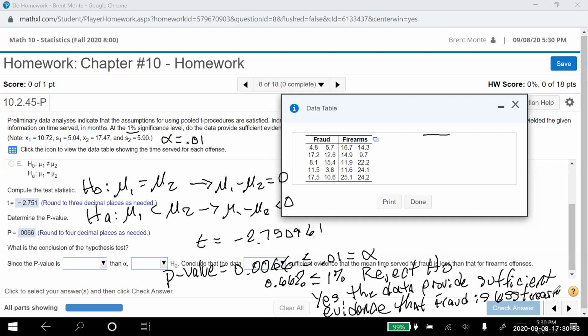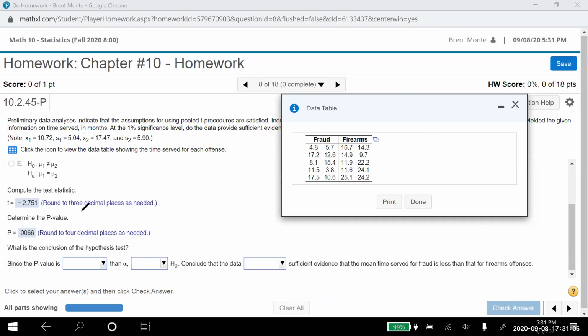And if I had more room, I'd write that a little bit cleaner, a little more fully, but they're going to word it for us anyway, so I can go through. Now, I'm going to erase all that because we can remember that. Since the p-value is less than or equal to alpha, reject the null hypothesis, conclude that the data does provide sufficient evidence that the mean time served for fraud is less than that for firearms offenses.